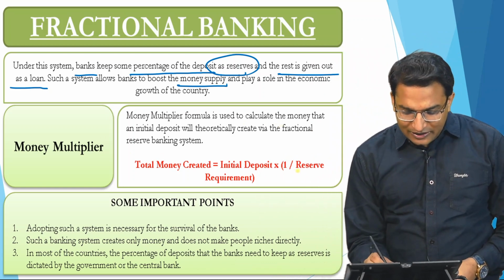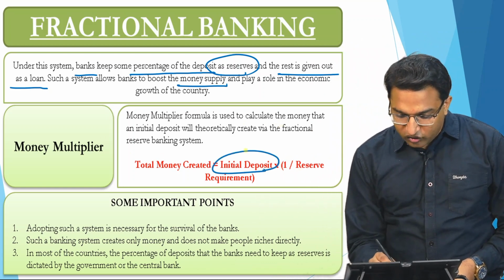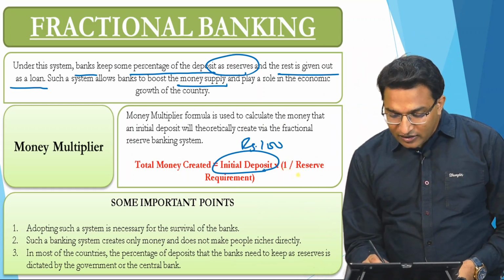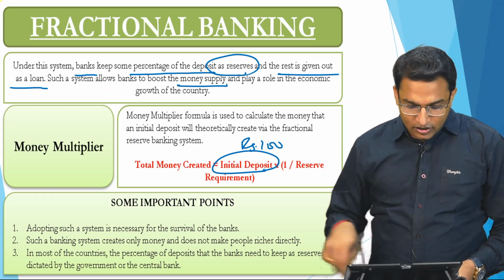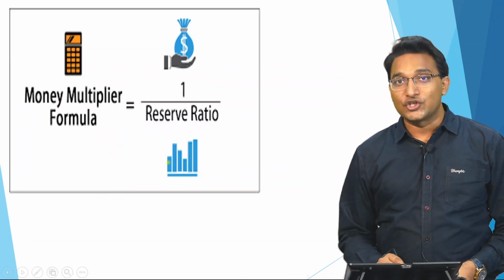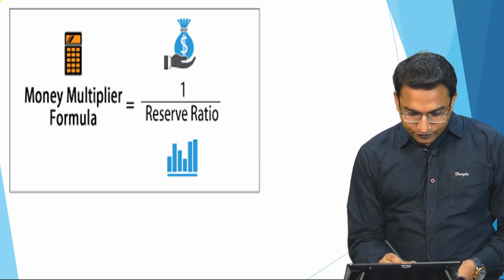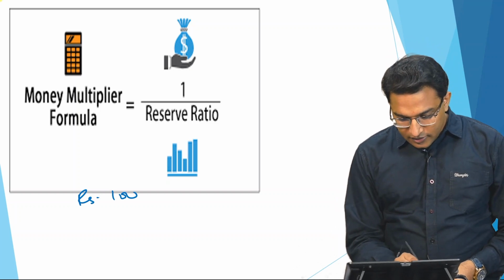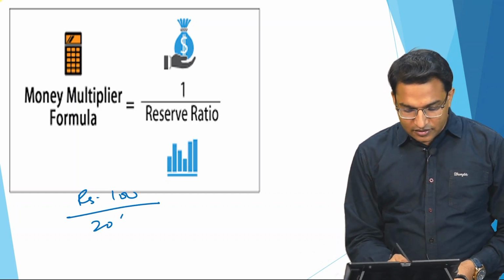The money multiplier formula is used. What is the formula? The formula is initial deposit, for example rupees 100, multiplied by 1 divided by the reserve requirement, that is, 1 upon reserve ratio. For example, rupees 100 is a deposit and the reserve ratio is 20%.